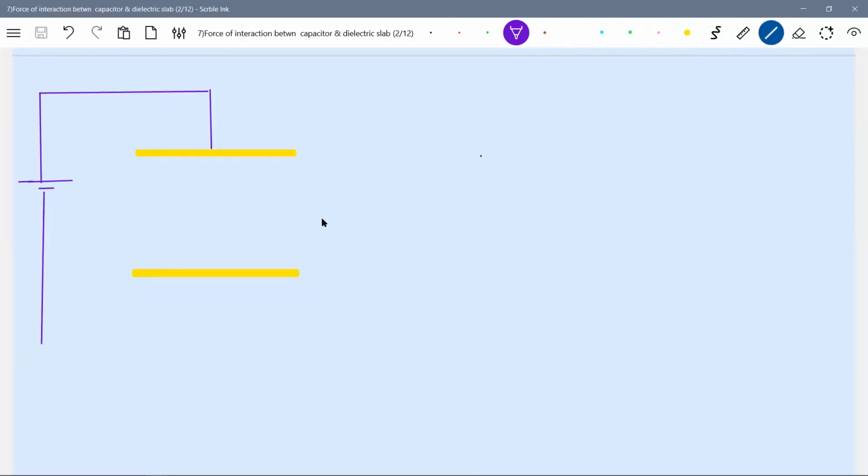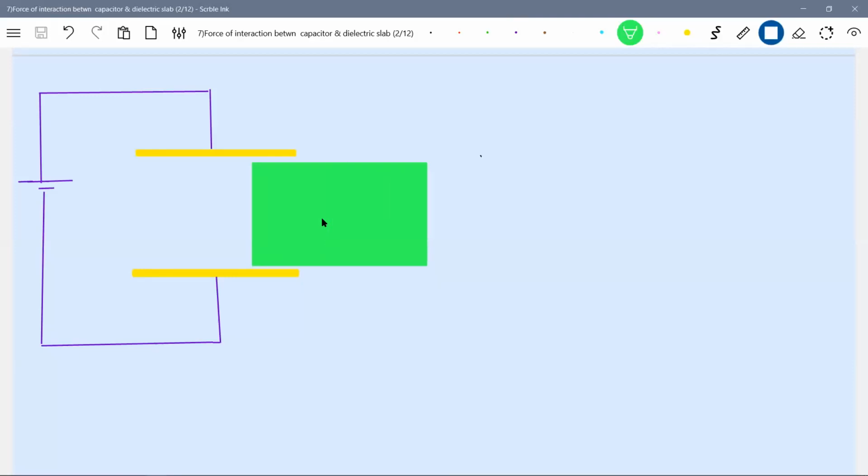And this is directly connected across the cell. This one. Now I'll bring a slab. Some x length of the slab is there between the plates. Now, volume of the slab equal to volume of the capacitor. All these assumptions will make it here.